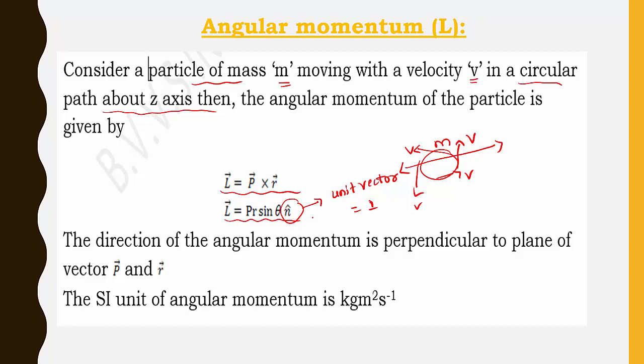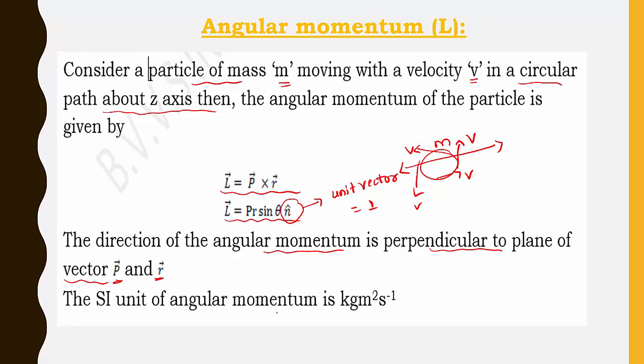L indicates angular momentum, P indicates linear momentum, R indicates the perpendicular distance between the axis of rotation and the center of mass. The direction of angular momentum is perpendicular to the plane of vectors P and R. So angular momentum is perpendicular to the plane of vector P as well as R.